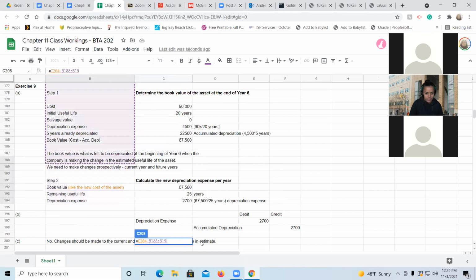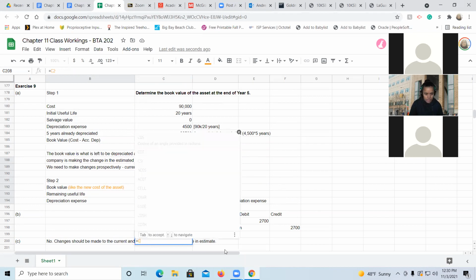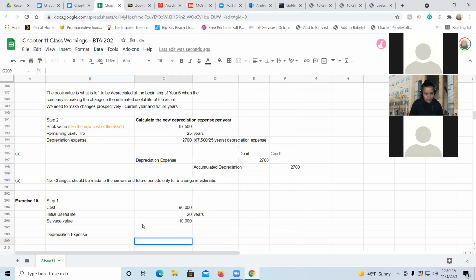This isn't going as great as I would have liked because I moved the thing around. Okay, so let's do brackets: 90,000 minus 10,000, divided by 20 years. So 4,000, right? 90K minus 10K over 20.